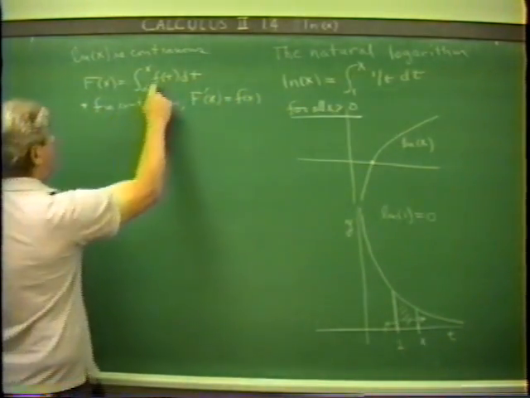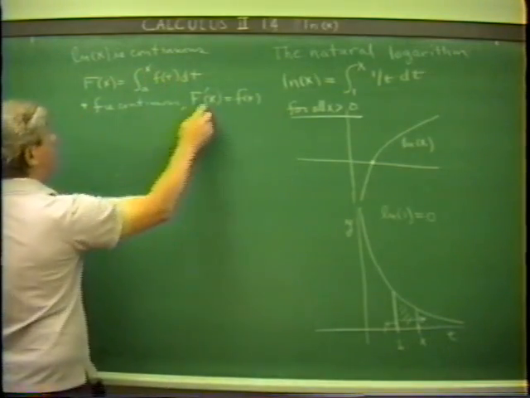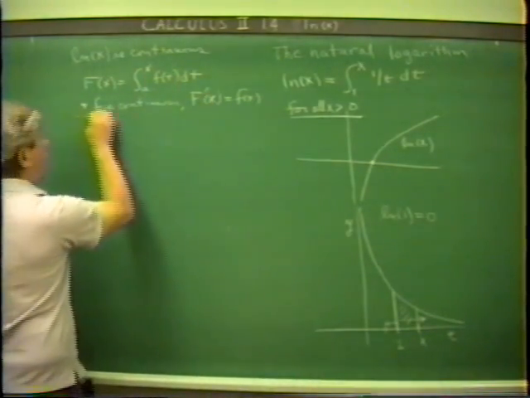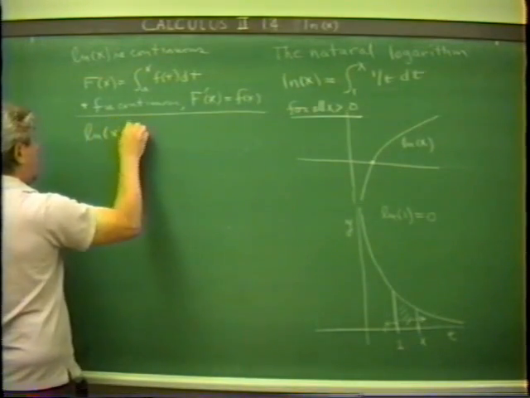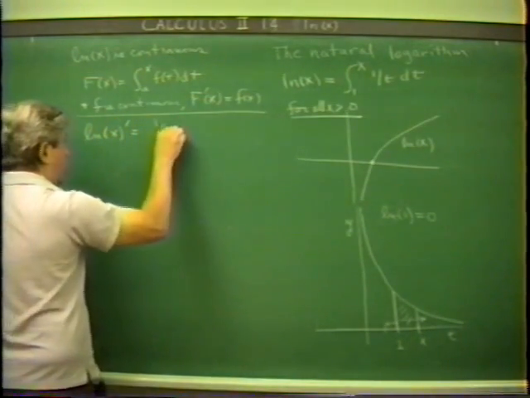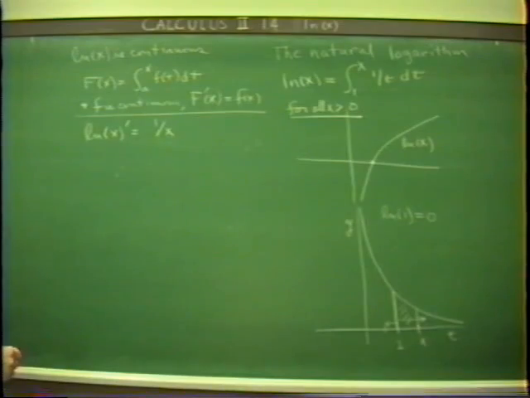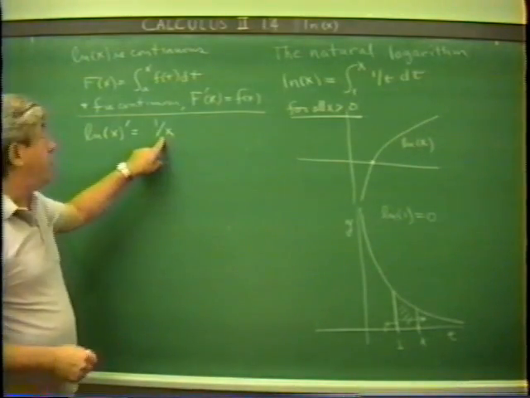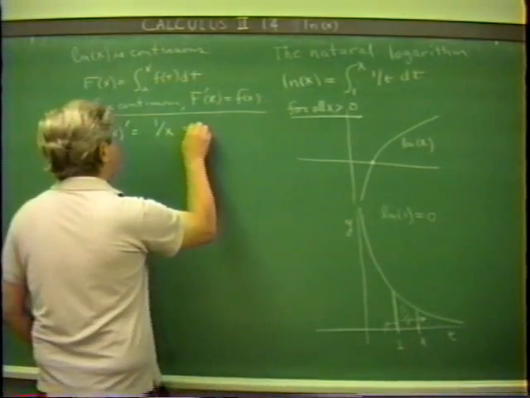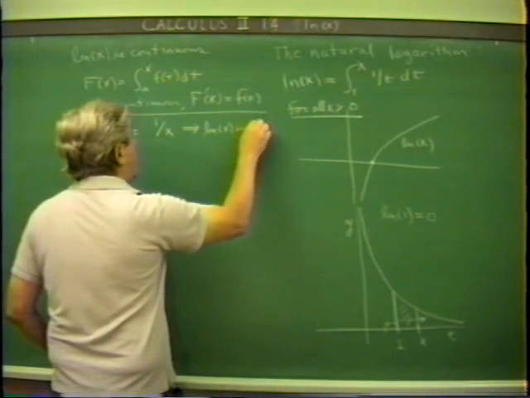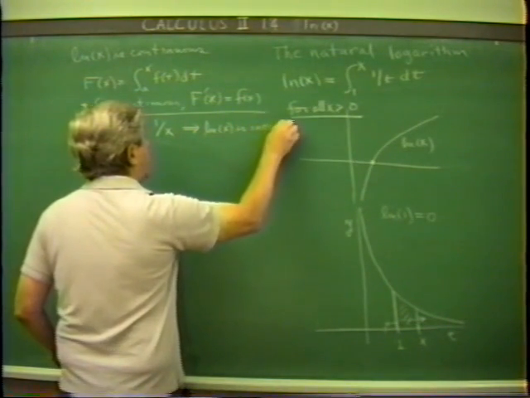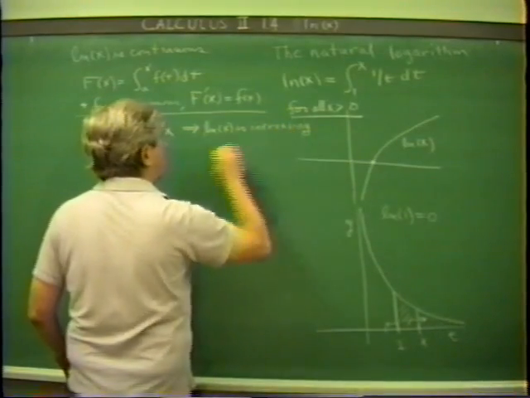So if it's continuous on [a, b], the derivative of capital F is little f. So consequently, the derivative of the logarithm of x is 1 over x. And since 1 over x is greater than 0, this gives us that ln of x is increasing.